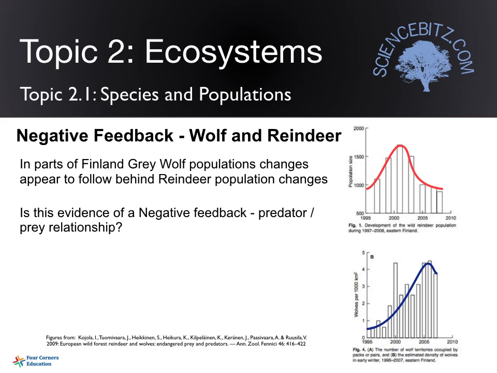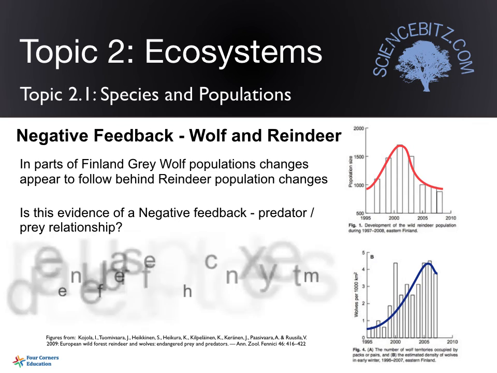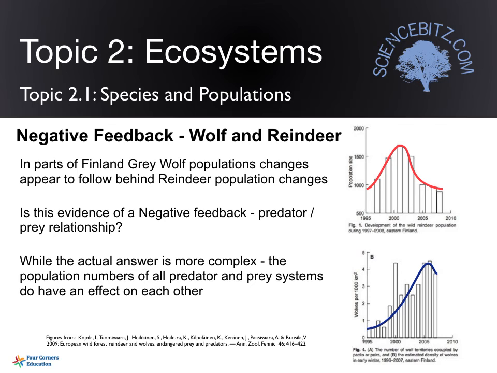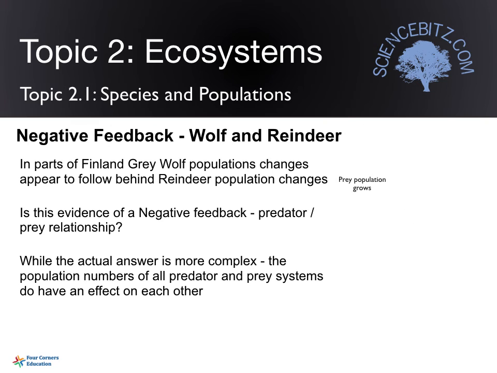But if we remember back to the snowshoe hare and lynx, it looks like the system might be setting up a similar sort of pattern. And the reality is the actual answer is a lot more complex. But the predator and the prey systems do have an effect on each other. So what this graph does seem to be showing us is, again, one of these negative feedback loops.